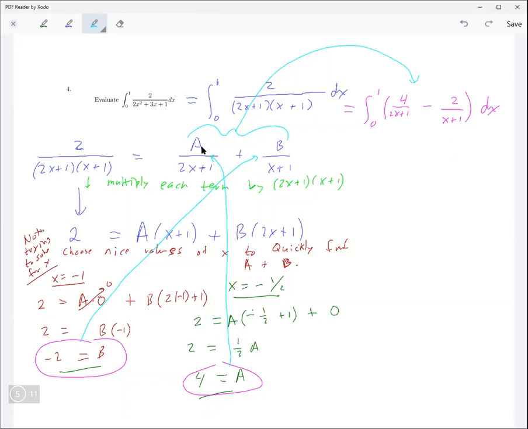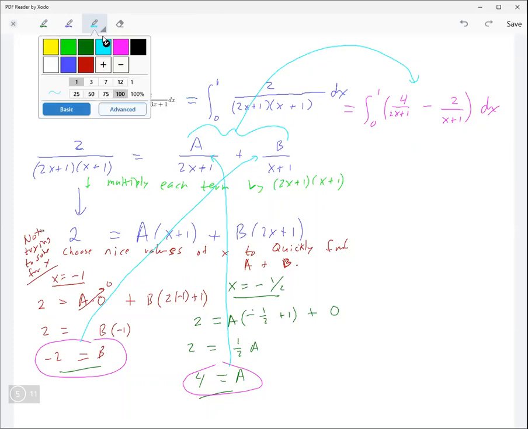So a became 4, and b became -2, so that's 4 over 2x plus 1 and -2 over x plus 1.